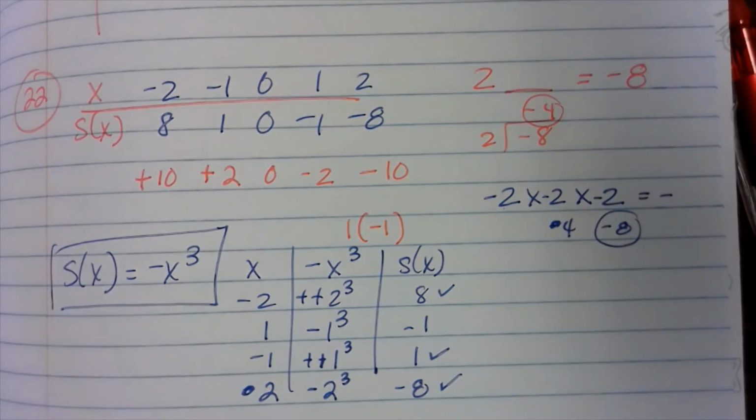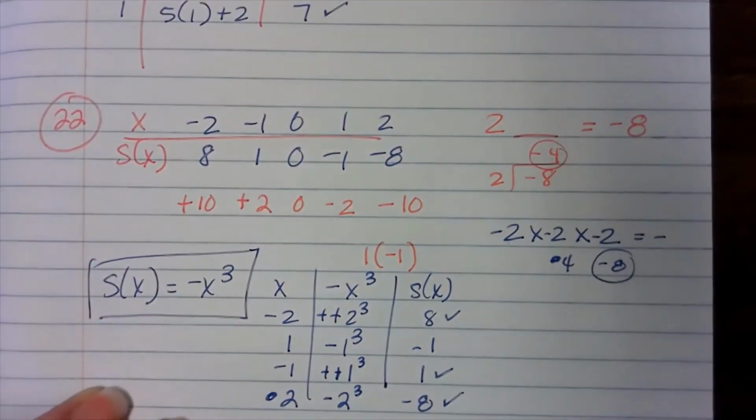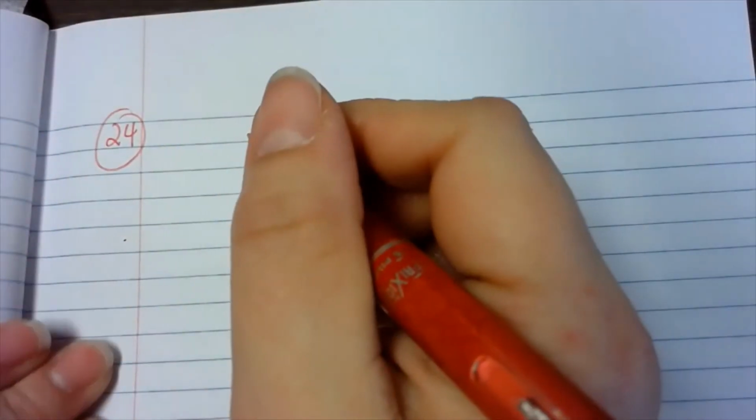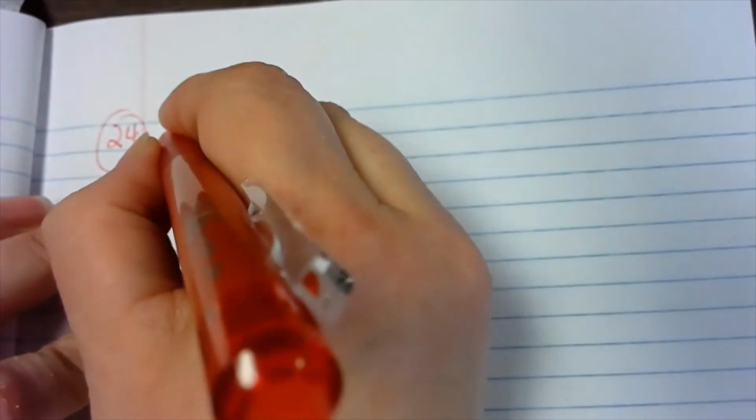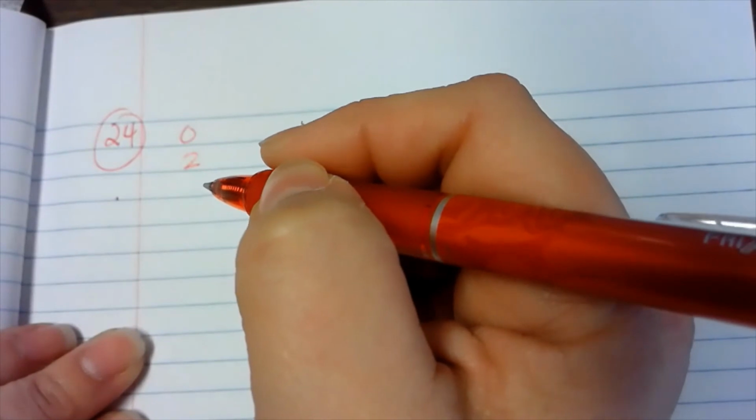Okay, so number 24 is another graph. We're going to have to look at the coordinates on it. So again, I'm looking at the graph and I'm just looking for any kind of solid coordinates. The first one I see is 0, and that goes to 2.